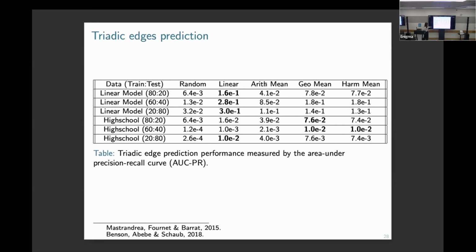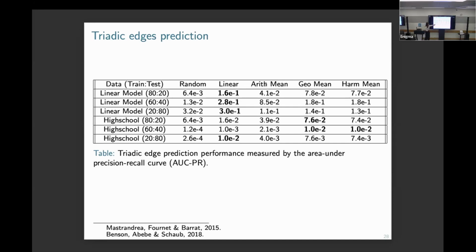In the synthetic data, our model performs better than the simple means using historical data for all splits. In the high school data, we observe that when the training data is sufficient, a simple geometric or harmonic mean will perform best. This is understandable since if we have enough history, then we can just assume that history will repeat itself. So it's a relatively easy learning task.